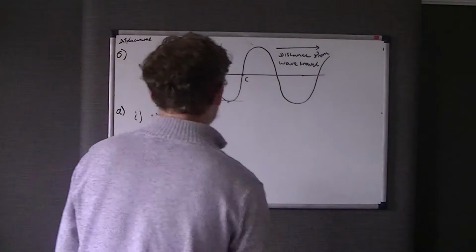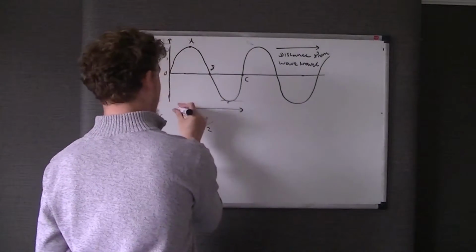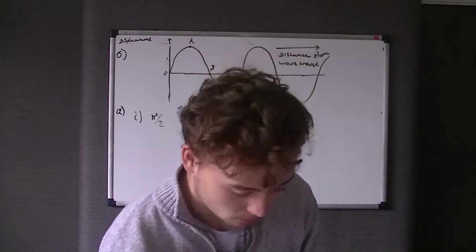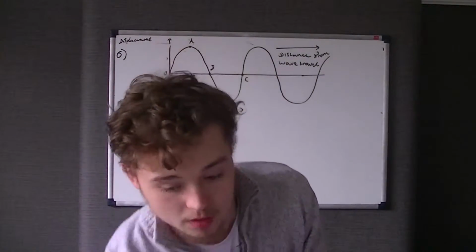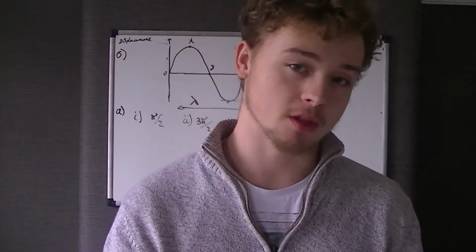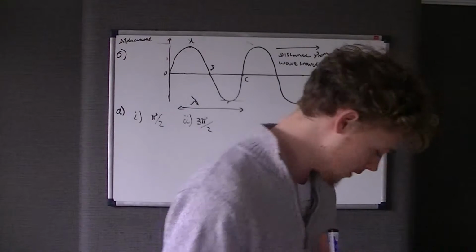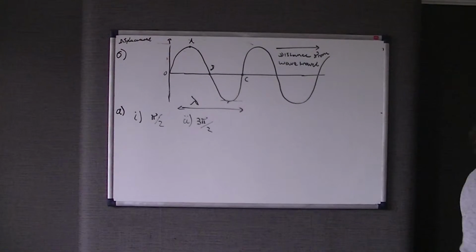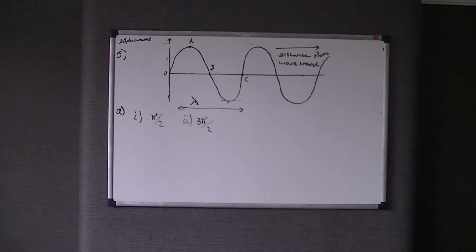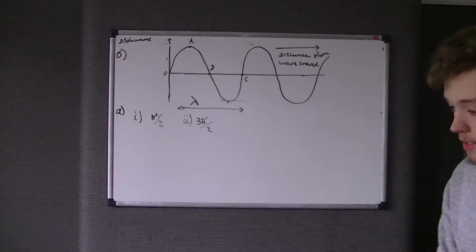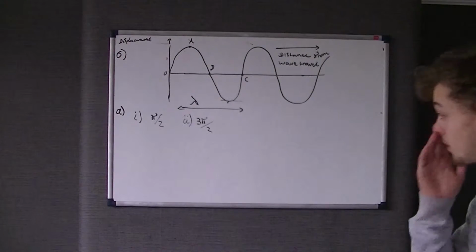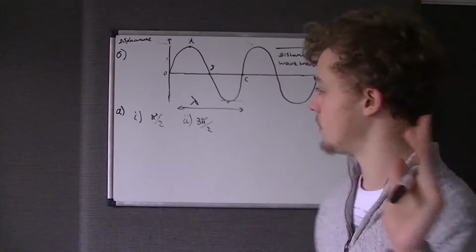Now, if we knew the actual wavelength, we could work that out using the phase difference formula, which is 2 pi d over lambda, d being the distance. Sorry, is that right? Just double check. I do apologise.